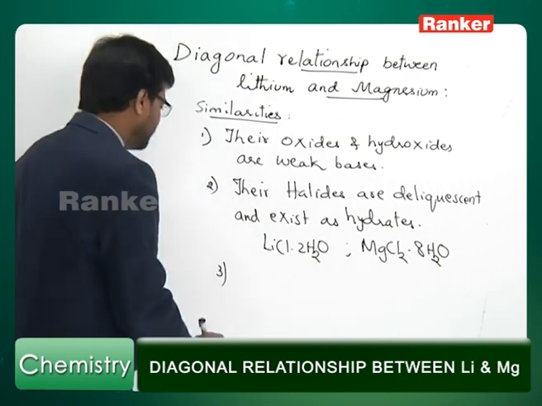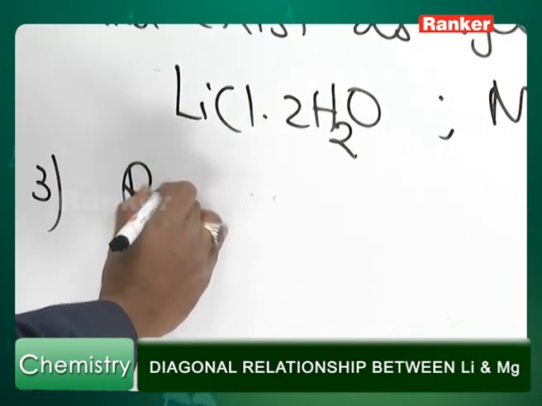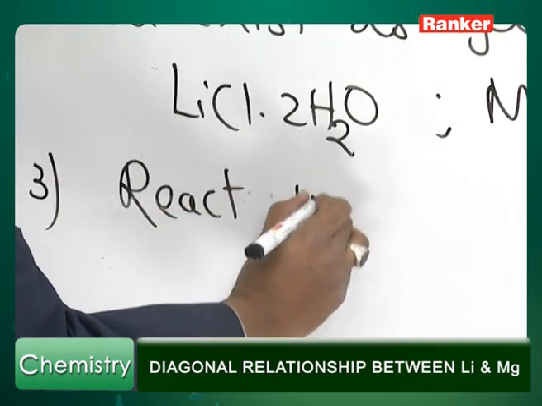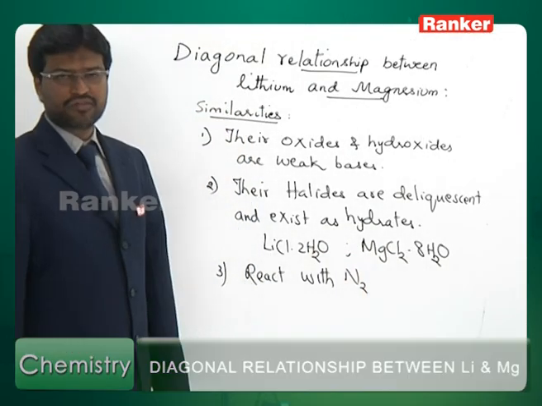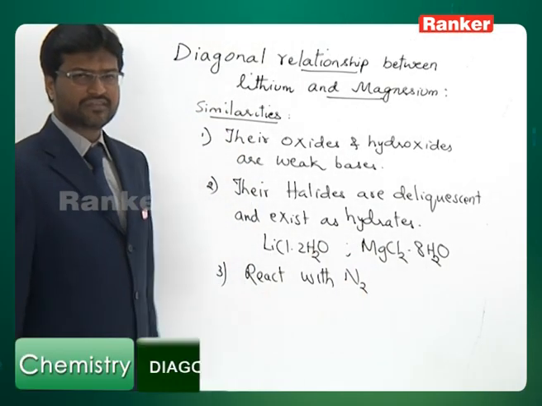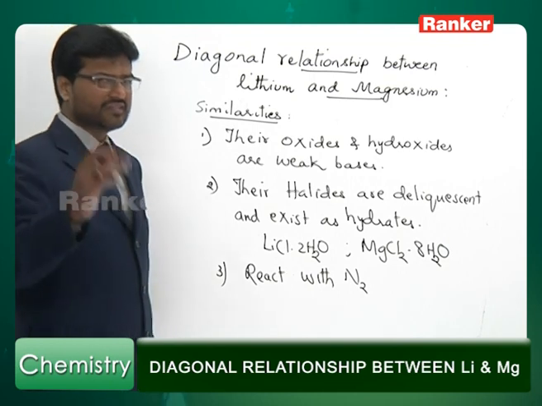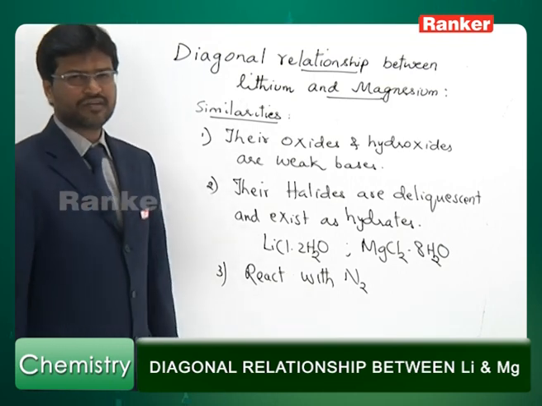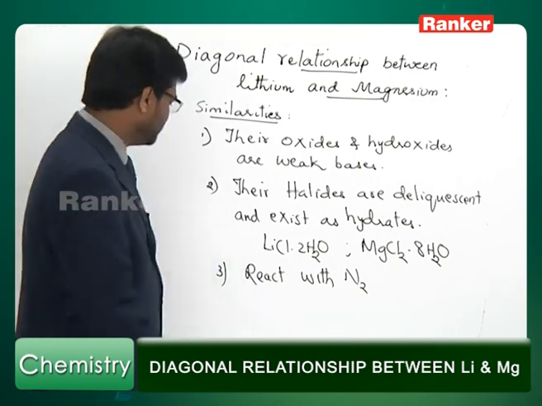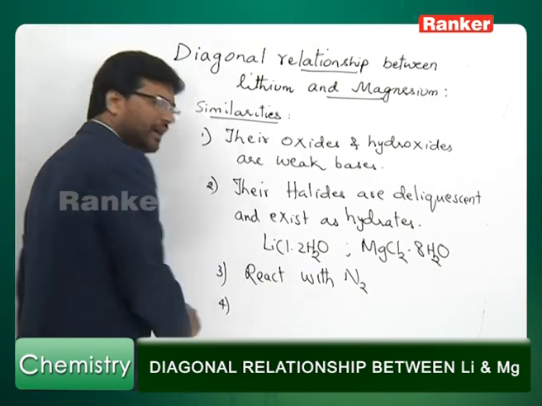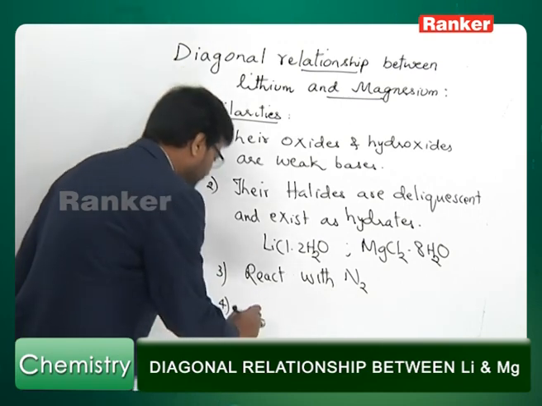Another point of similarity: they react with nitrogen. Both the elements can react directly with nitrogen. Lithium forms lithium nitride and magnesium forms magnesium nitride. Another point of resemblance is regarding their carbonates.